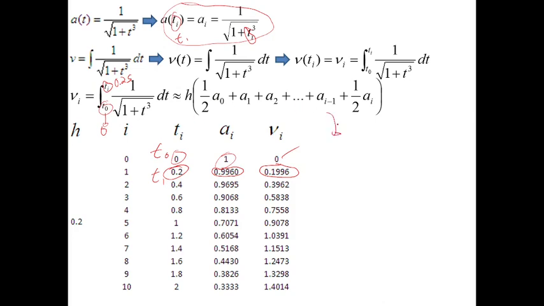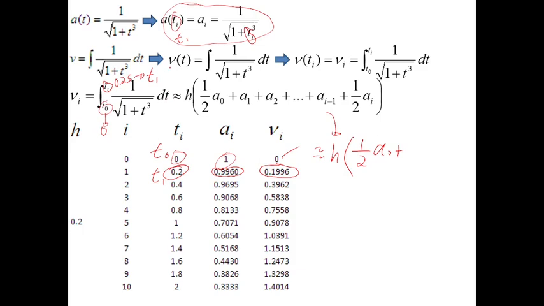So what's the formula here? This is t sub 0 and this is t sub 1. So h times 1 half a sub 0.